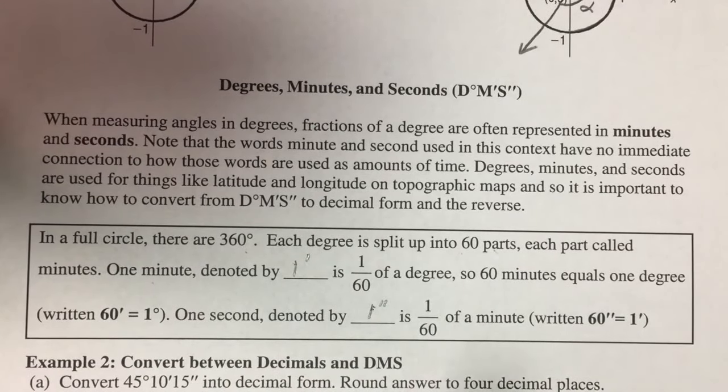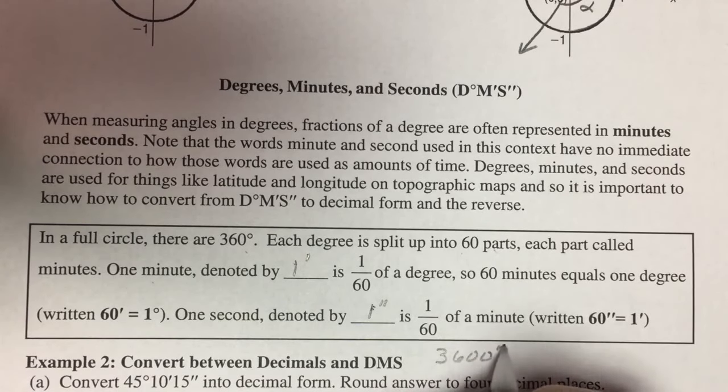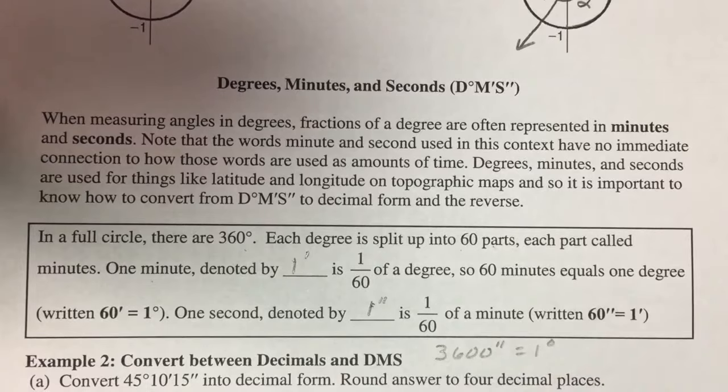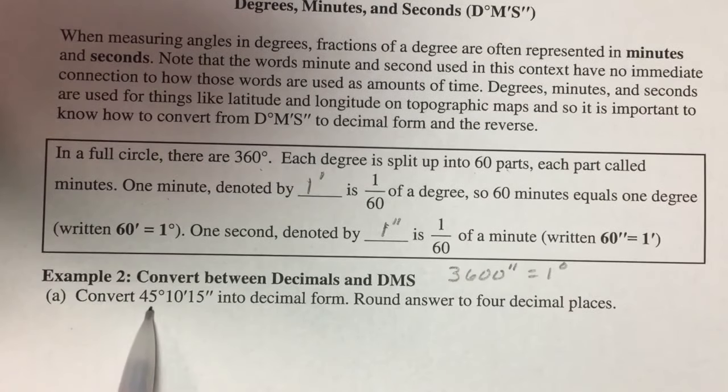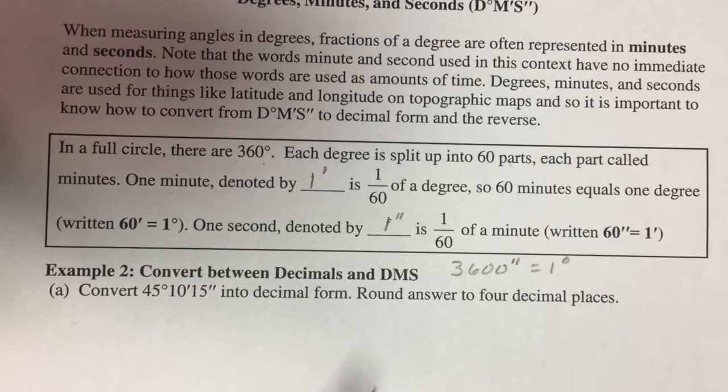Which means, by the way, that there are 3,600 seconds in 1 degree. That follows logically. So now, if we wanted to convert 45 degrees, 10 minutes, and 15 seconds into decimal form and round the answer, here's what you would do.